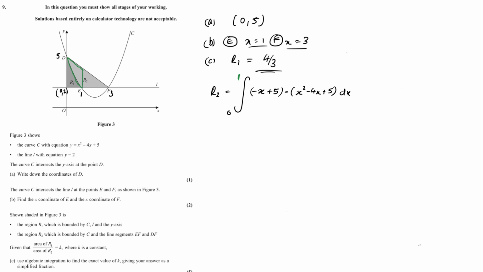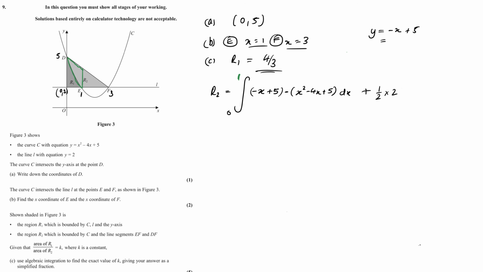So what I would need to do is go there plus, and then we've got half times 2, and also I'd have to work out that height there as well, because it was y equals minus x plus 5.